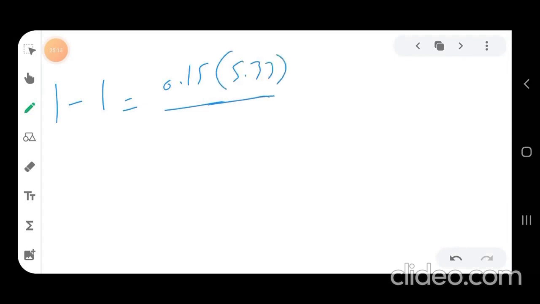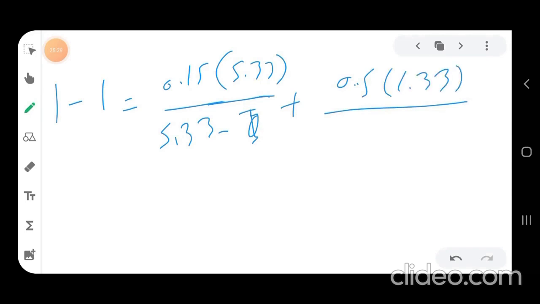So we can write 1 minus q, which is 1, is equal to 0.15, the z of the light non-key, multiplied by the relative volatility of the light non-key, divided by the relative volatility of the light non-key minus phi, plus 0.5, the z of the light key, multiplied by 1.33, the relative volatility of the light key, over 1.33 minus phi, plus, it's a summation, right?